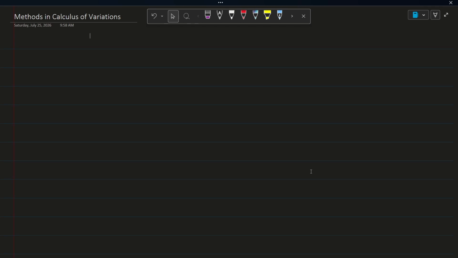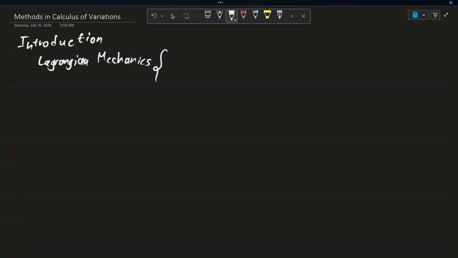Before we get started, we need to understand why we need calculus of variations, or especially, how to solve calculus of variations. One of the most essential things is Lagrangian mechanics. Lagrangian mechanics is basically a different perspective of Newton's law. It consists of two different things.